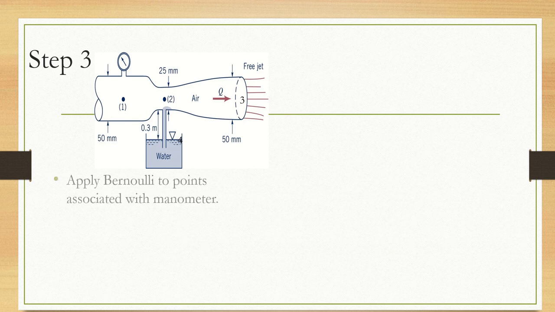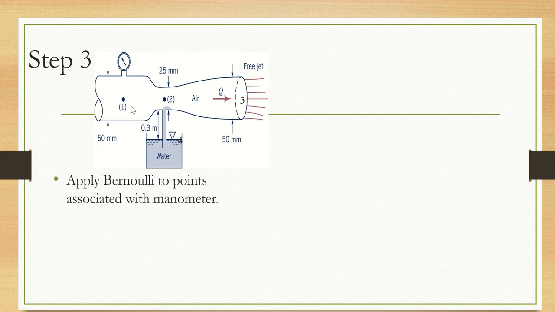So step 3, we want to apply Bernoulli involving our static pressure tap, our static pressure point above the inlet to my manometer tube. This is very important because I know the pressure at that point.